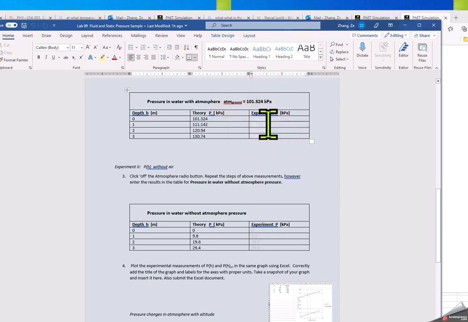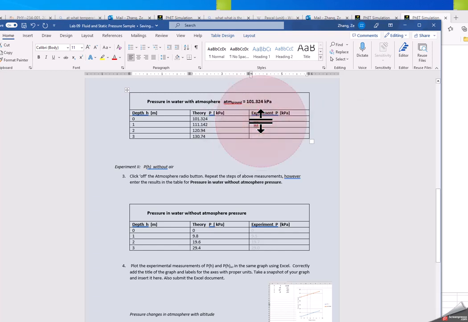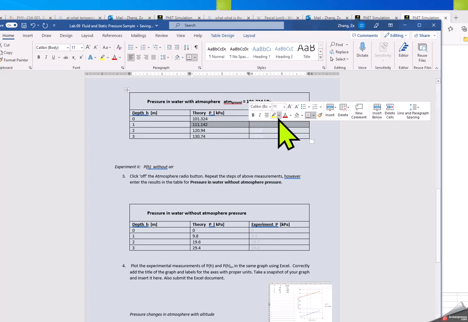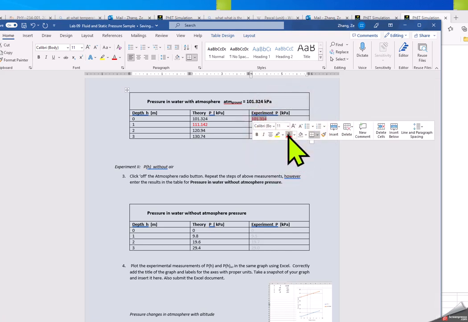All right. So if you put here 107, in this case I just did. I'm not going to finish all this, but I just show you what you're supposed to do. So 0 is at 101 point something, because that's the air to start with.